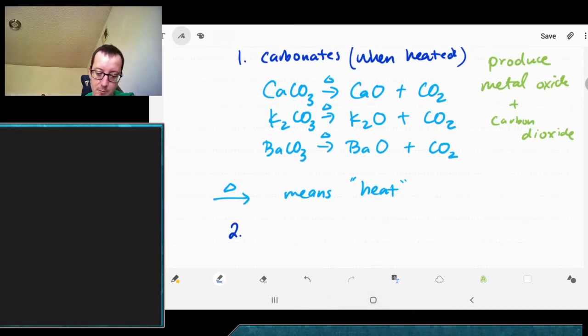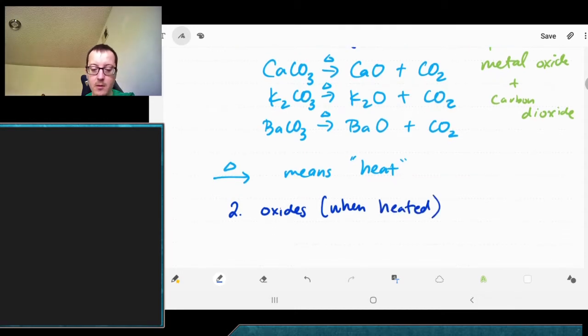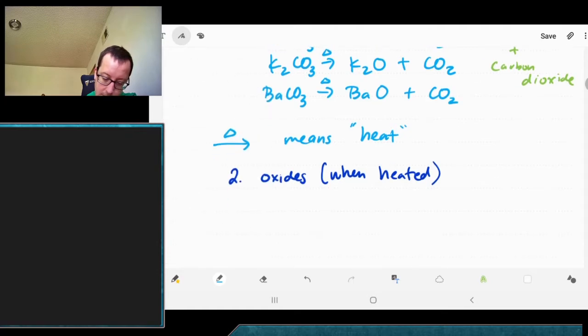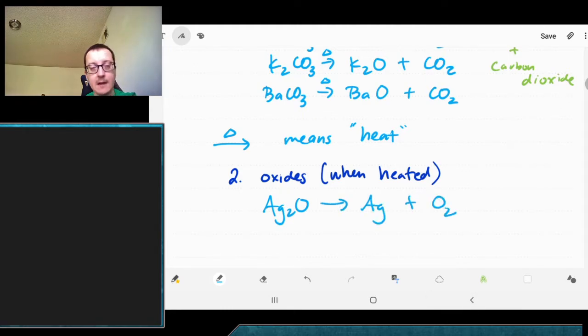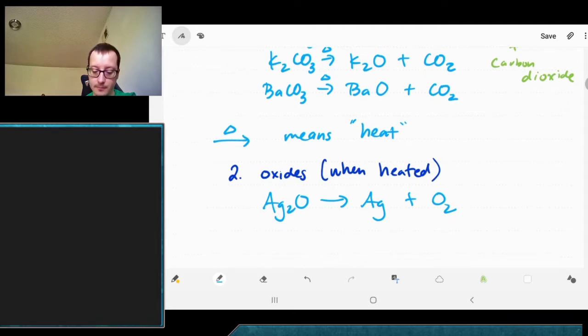All right, the other decomposition we want to look at is certain oxides when heated as well. They will decompose in a similar manner. So for example, silver oxide, when you heat it up, can break down into silver and oxygen.